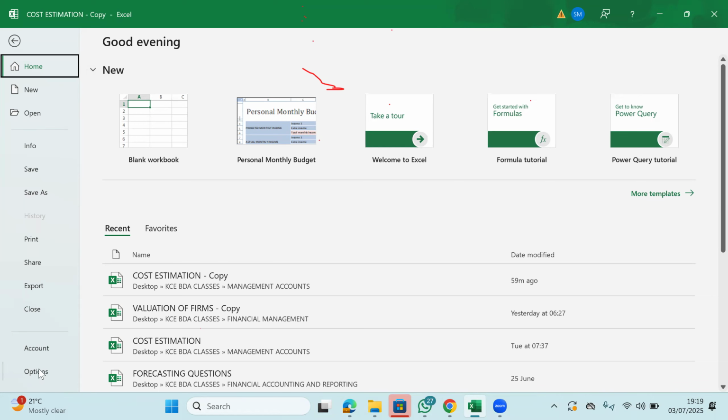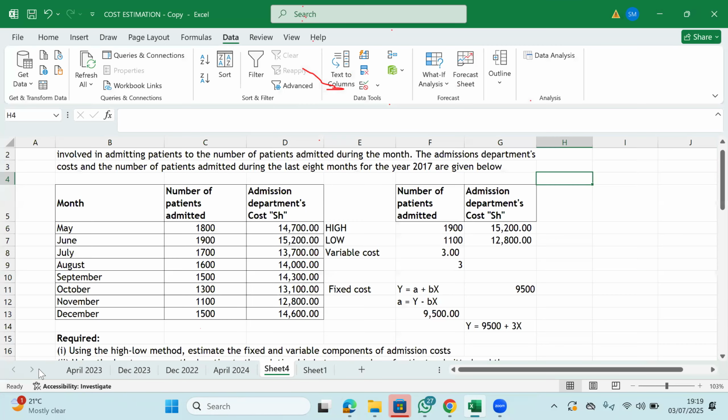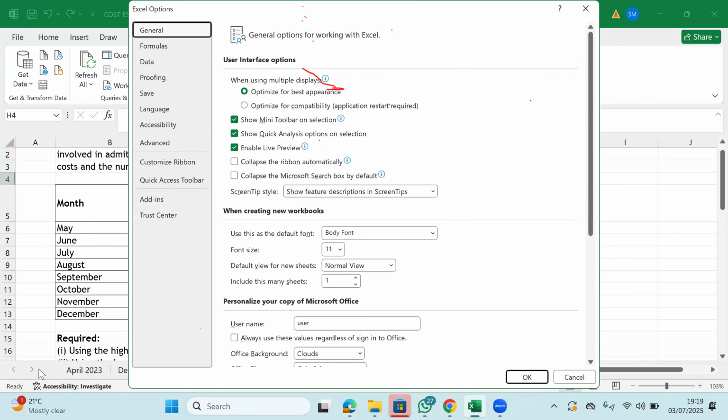Then you click on options at the last. For those of us who don't have options, I think you click on more, then options. It should be appearing. So click on options.